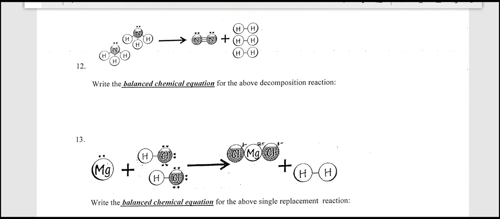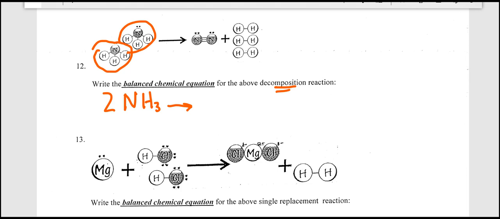Alright, so here we have, write the balanced chemical reaction for this decomposition. Here we have a molecule of ammonia and another molecule of ammonia. So writing out ammonia, NH3, 3 hydrogens for 1 nitrogen. And I do notice I have 2 of them here.